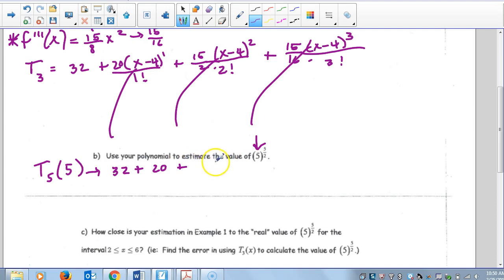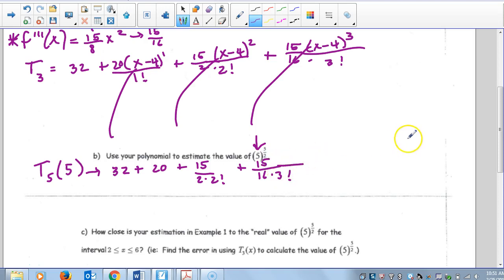So this is going to be 15 over, what is it? I don't know, 15 over something exciting. 2 times 2 factorial. And then I'm going to have 15 over 16 times 3 factorial. Okay, so stopping at that term.